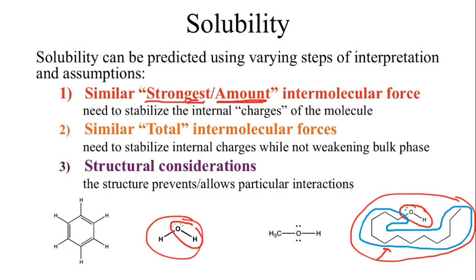So it's the characteristic of methanol that it has both the London dispersion forces and the hydrogen bonding that really kind of pushes the solubility over the top. And the last one was the structural considerations. That was ultimately, if you compare the solubility of THF, diethyl ether, and water.